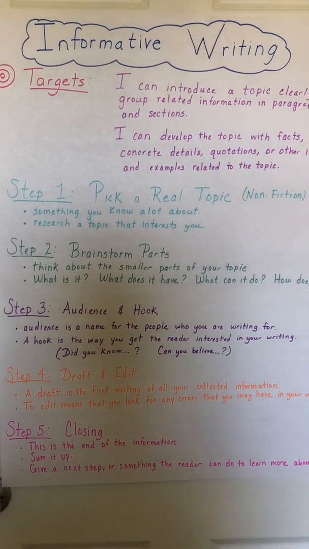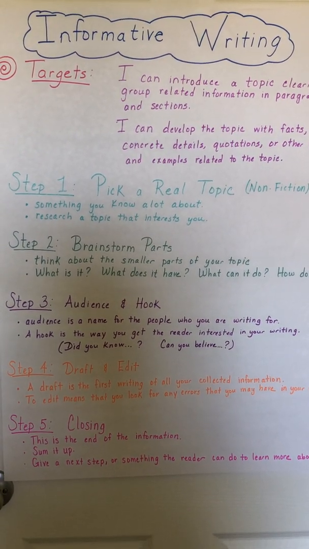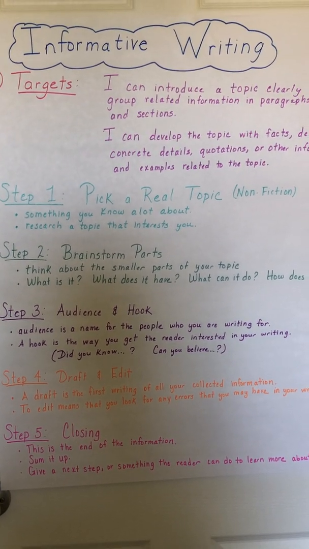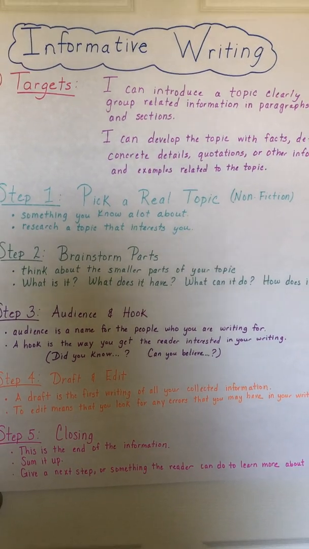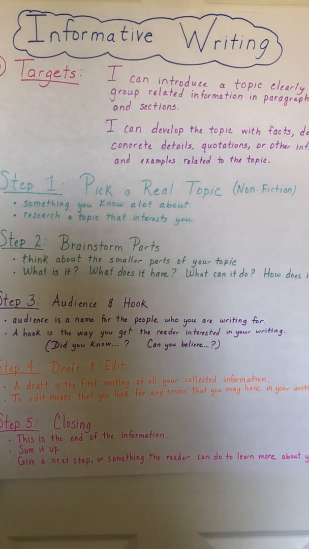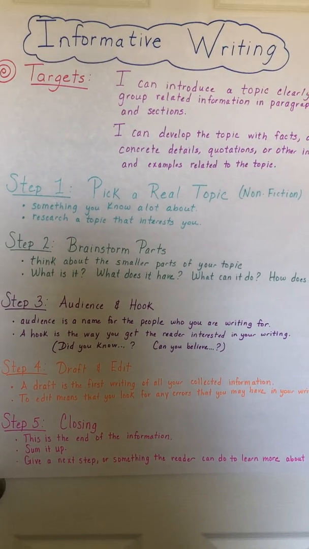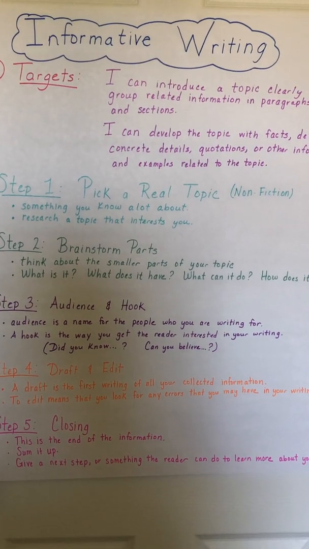Step 2 is where you begin the brainstorming process. And we did this last week with opinion writing. It's really, really important in the beginning phases of writing that you do planning. Okay, even as an adult writer, I need to brainstorm. I need to think about what it is I'm going to write about first before I put it down on paper. So think about the smaller parts of your topic.